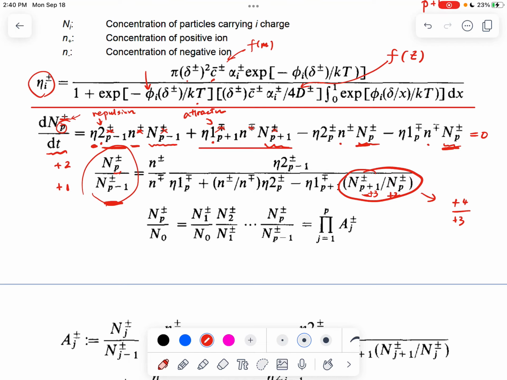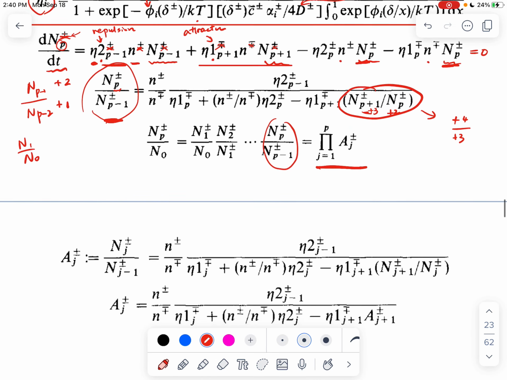So basically, if you have this relationship here, you can multiply all the way down, right? Let's say N_p minus 1 over N_p minus 2, all the way down to N_1 over N_0, right? And you can have a multiplication of all of these factors.